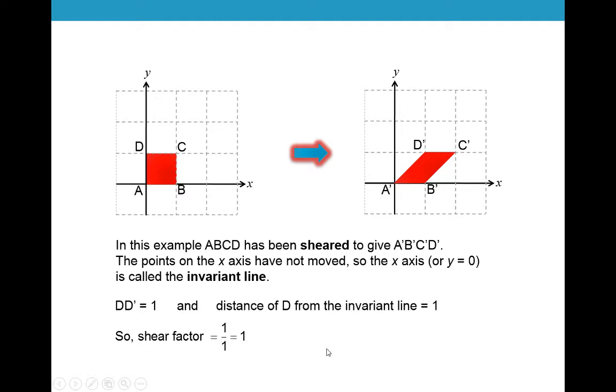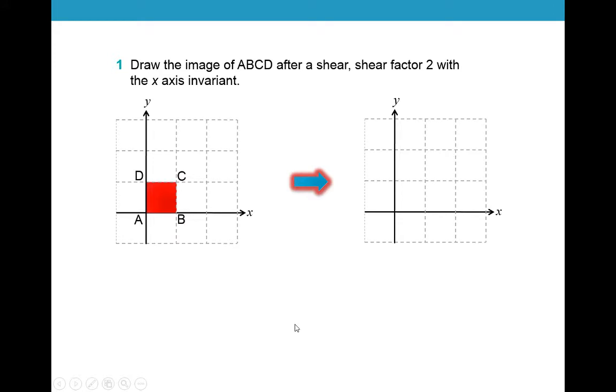Now these get slightly more complicated, so here we go. Draw the image ABCD after a shear with shear factor 2 with the x-axis as the invariant line. Again, A and B will stay the same, do you agree, if that's the invariant line? But this point just here is 1 up. That is now going to be a shear factor of 2, so we're going to times it by 2: perpendicular distance times the shear factor.